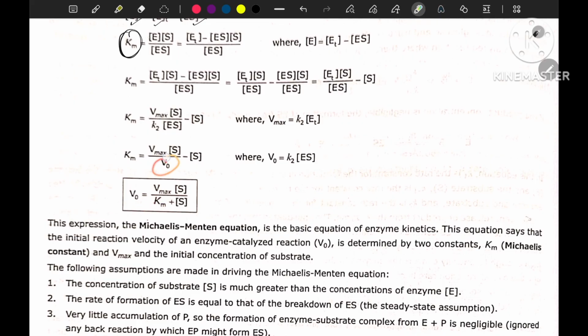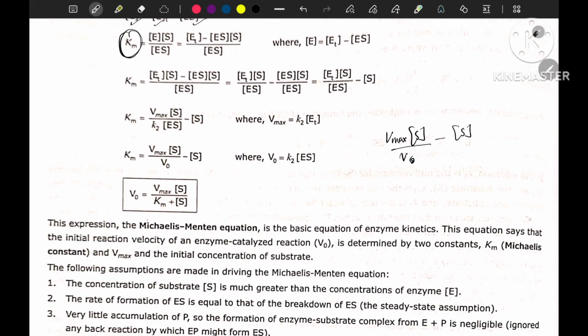V naught, we are taking this from here to here. How would we do that? We will do something like V max substrate, V naught minus substrate.